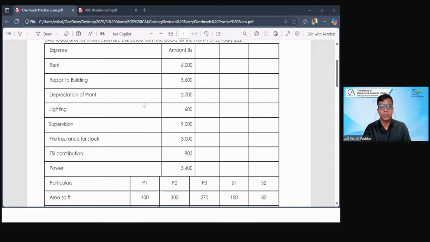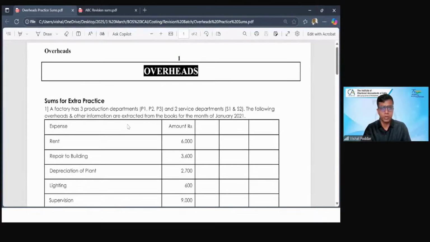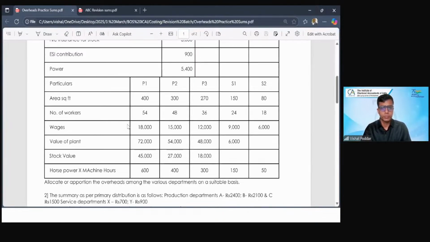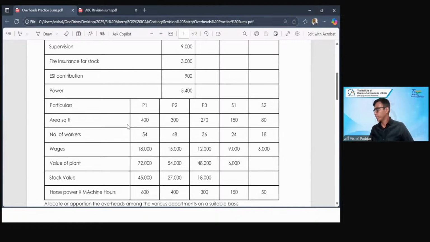Students, PDF is not appearing. Somebody mentioned in the comment that PDF is not appearing. Can you please check whether PDF is appearing or not?